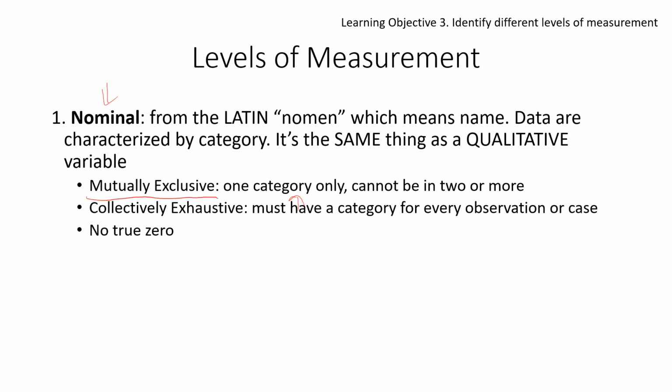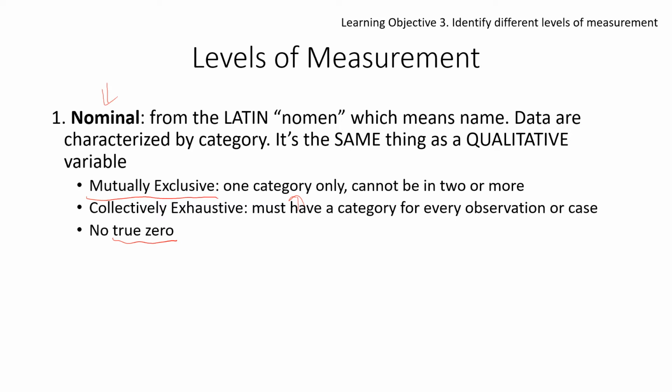So because of that, if we applied an identifier of 0 to a category, it doesn't mean that that category is the absence of whatever it is we're measuring. That's what I mean by a true zero. A true zero is that whatever it is we're measuring, if it's got a 0, that means it's the absence of whatever it is we're measuring. An example here would be weight.